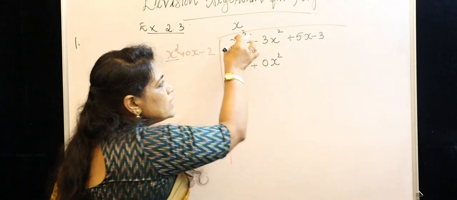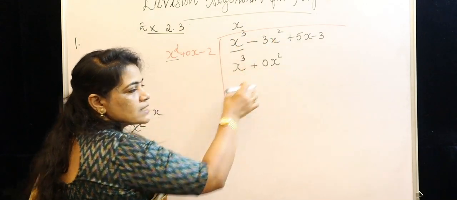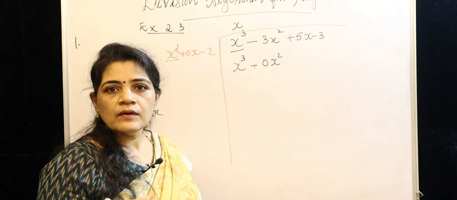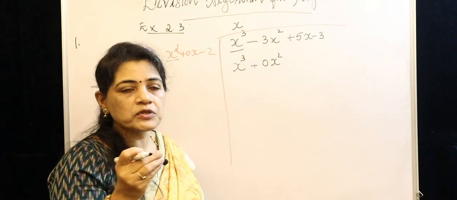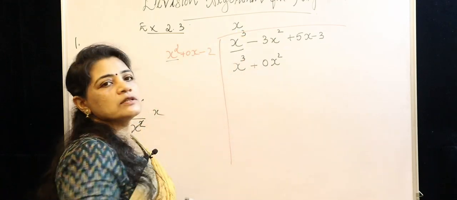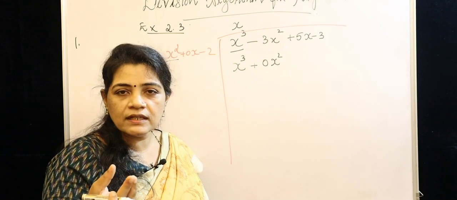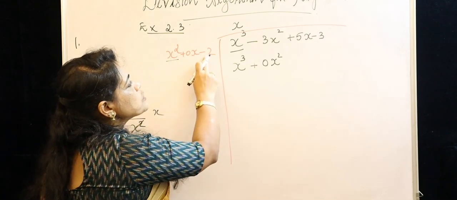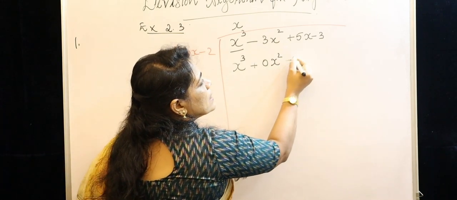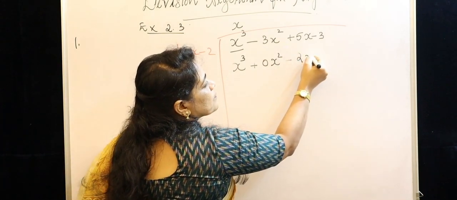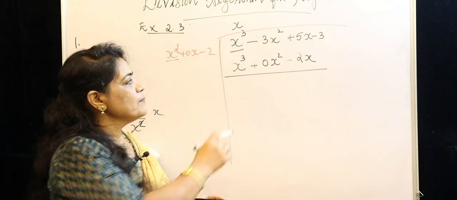So the x cube term should come under the x cube term, and the x square term below the x square term of p of x. And we have one more term, that is minus 2, so x into minus 2 is minus 2x. You multiply along with its sign. I hope this step is clear.